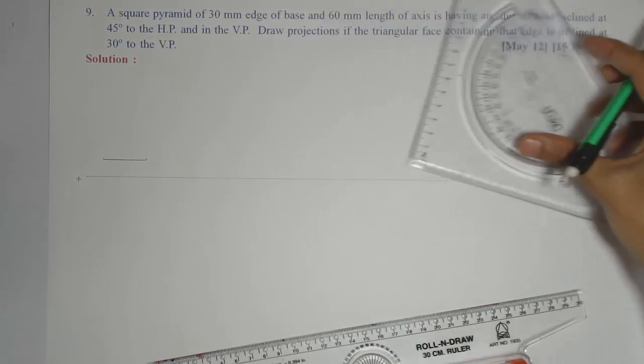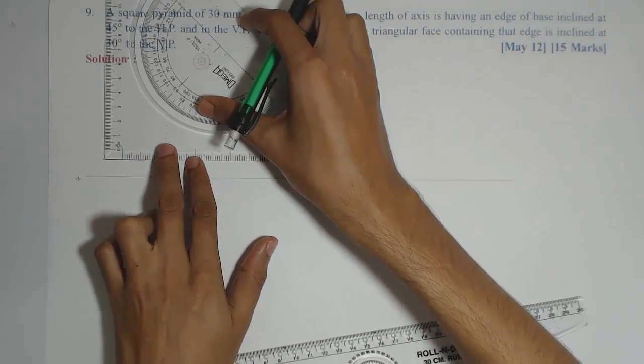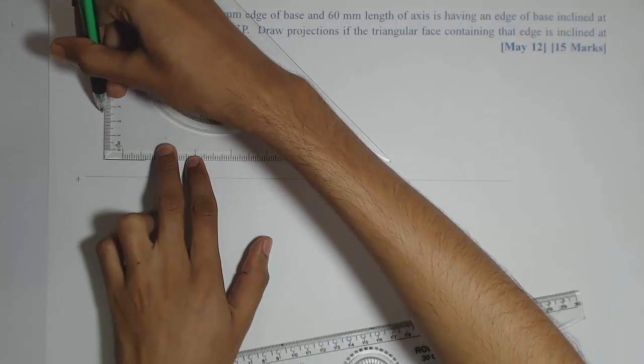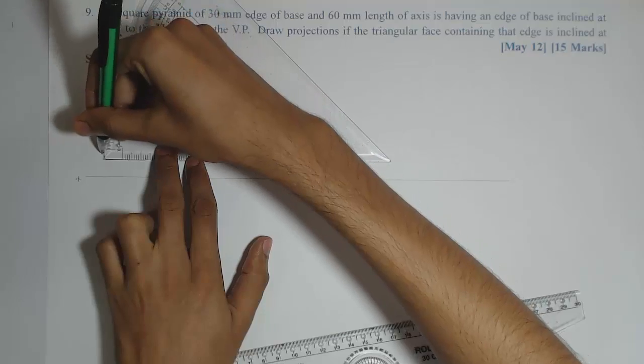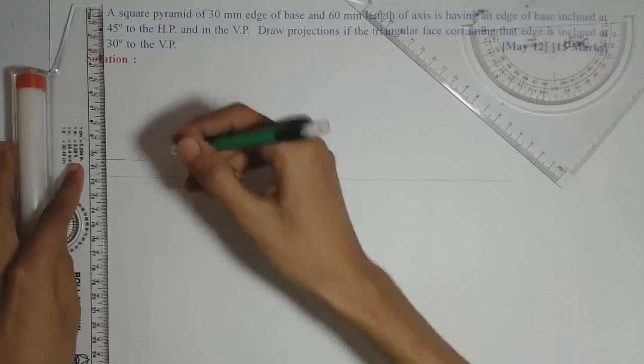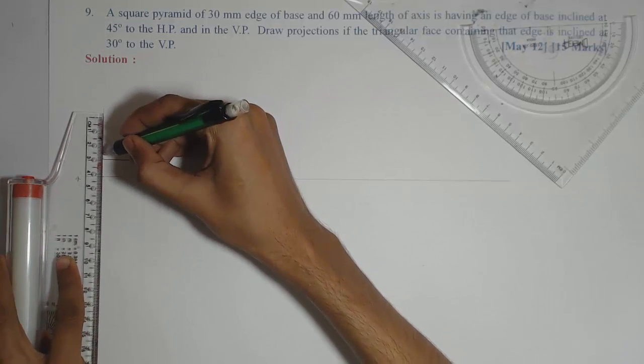Then we will draw two perpendicular edges, we will mark again 30 mm.